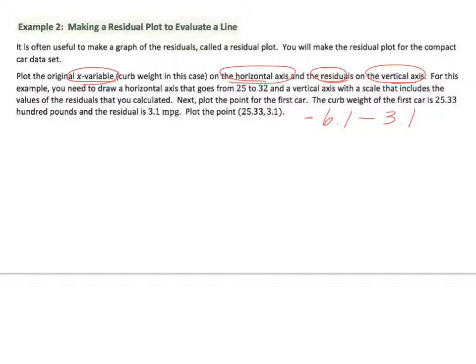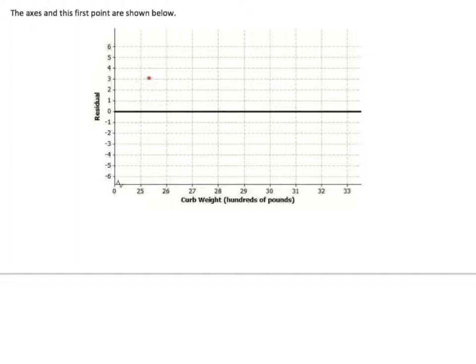The curb weight for the first car is 25.33 hundred pounds, and the residual is 3.1. So we're going to plot this point right here, and it's on the next page. So there you have it. We have the first point, which is 25.33 and 3.1. Okay, notice we have our dark line at the y equals 0 line.